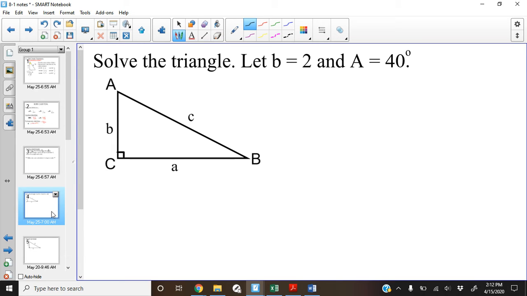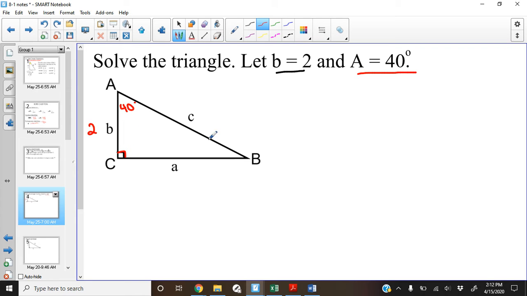Now, we're going to be solving the right triangle, and we're being told that lowercase b is 2. So that means that the side length is 2. And then its capital A is 40 degrees. That means that this is 40 degrees. Well, the easiest value to find is the other acute angle, B, because we know the angle C is the right angle.